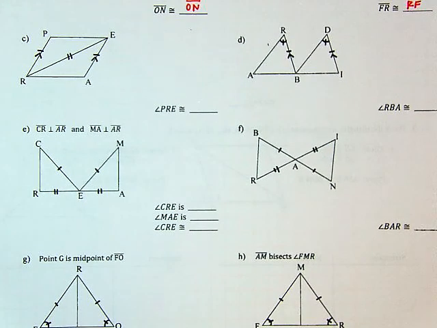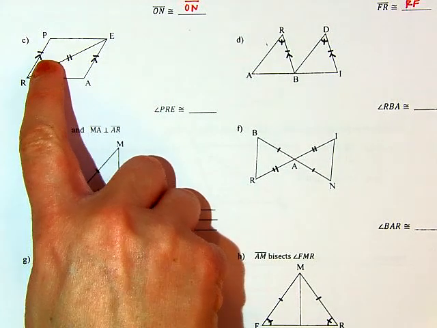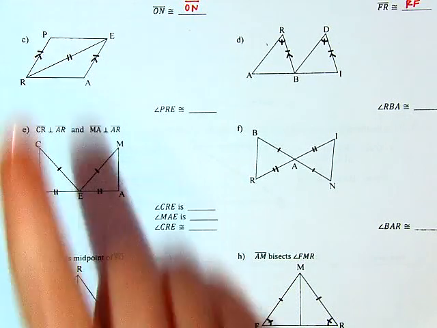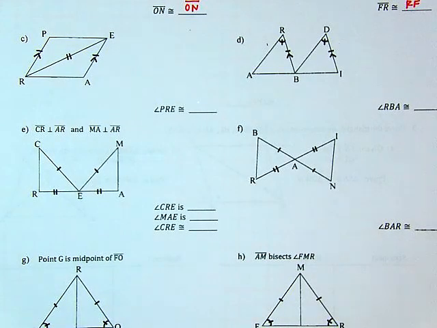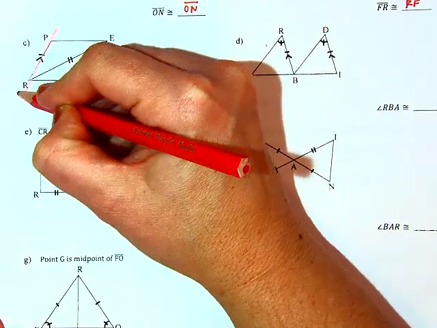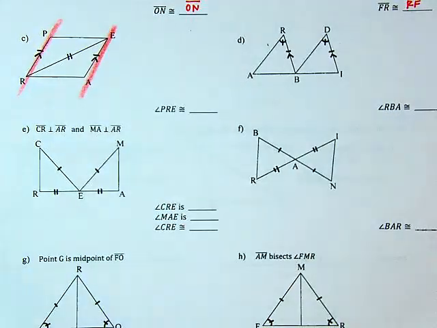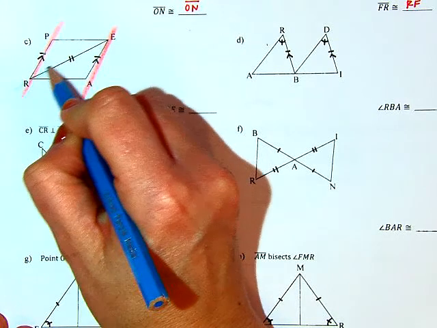Okay, next up here, I'm focusing on angle PRE. So this one right in there. So really, when I see parallels, I know to emphasize them. And then here is my transversal.